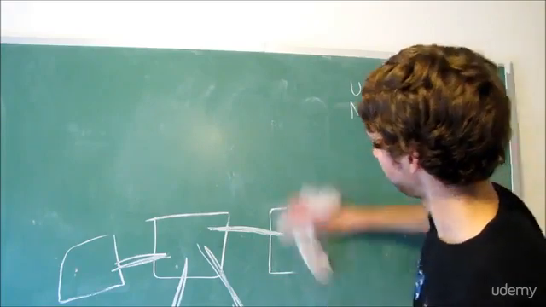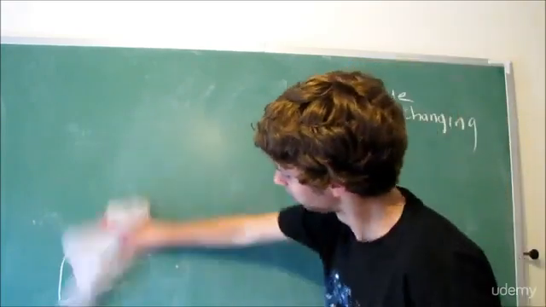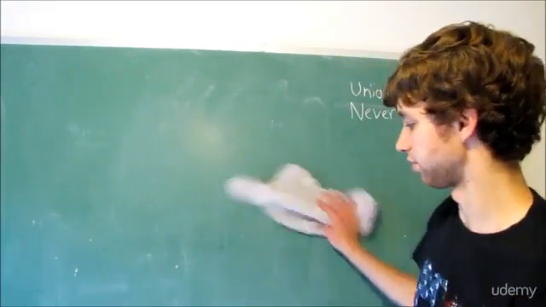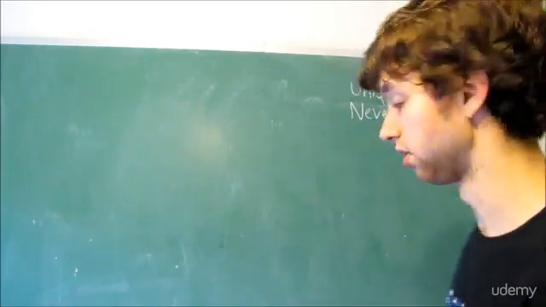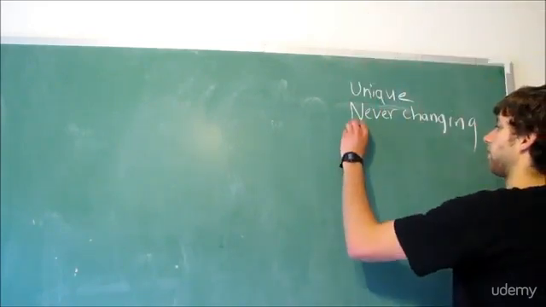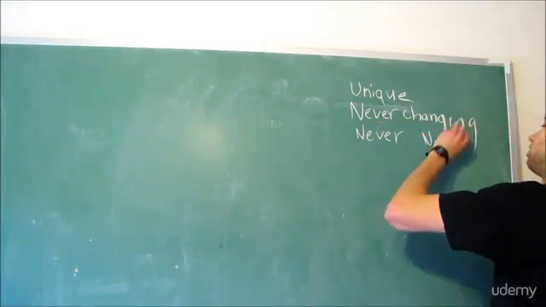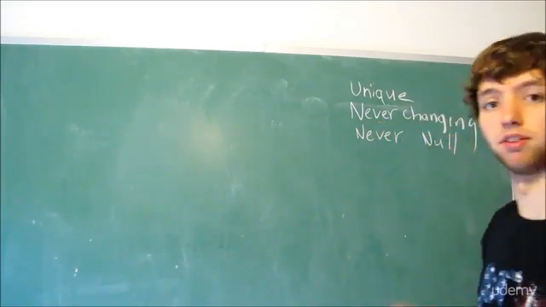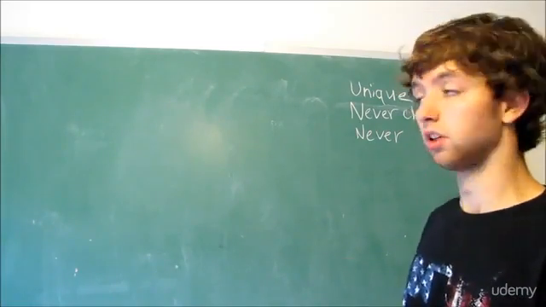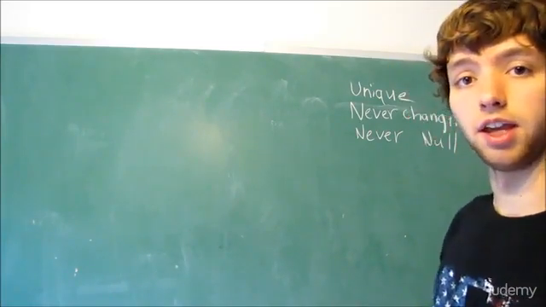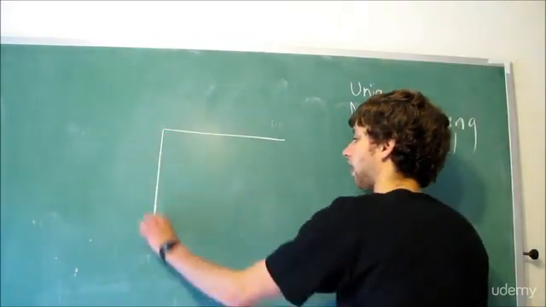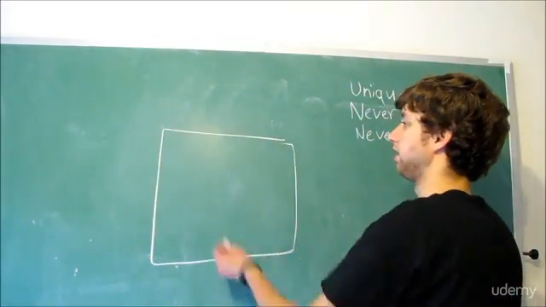Unique, never changing. These are just three general rules. There are some other suggestions, and I'll get into that soon. But the other thing is never null. That means empty or no value. So when we have a table and we have a key value, let's say we have a user ID.